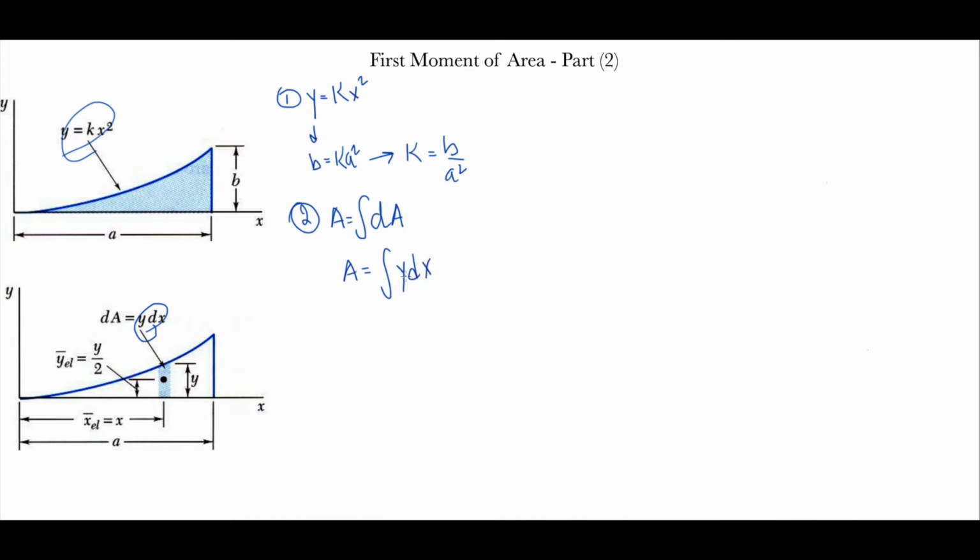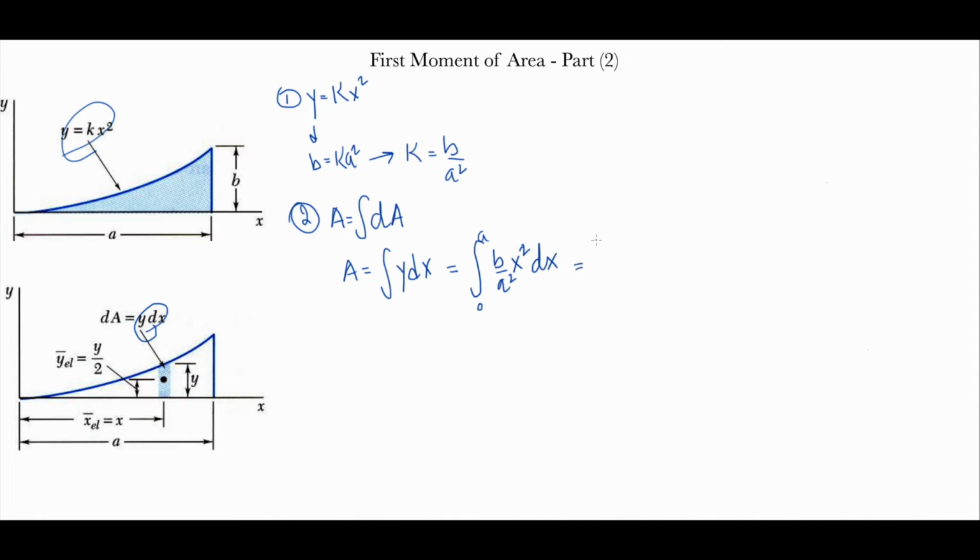And if you replace y with this, it's equal to the integration of b over a squared, multiplied by x squared dx. This is the whole curve, so it's from 0 to a, right?